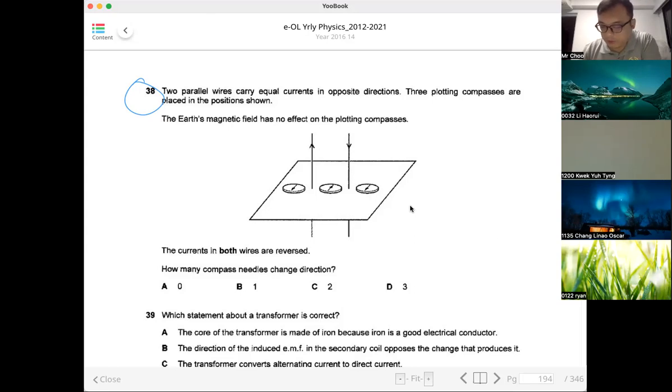So if I were to draw the two wires, the first one is coming out, the second one is going in. Basically what you need to do is just draw the magnetic field line first. The first one looks like this, am I right? The second one that's going in will look like this. So in this case, you can see this is your first magnet.